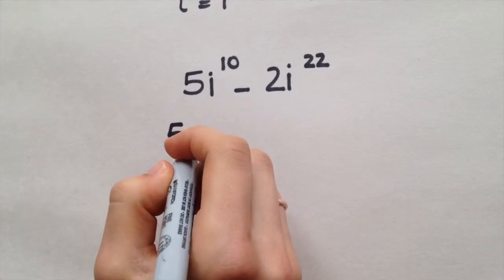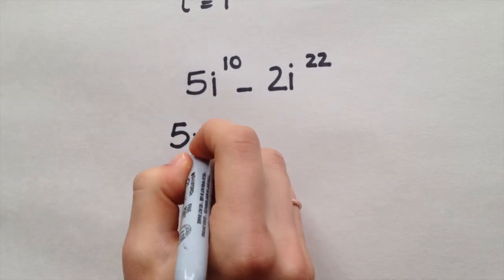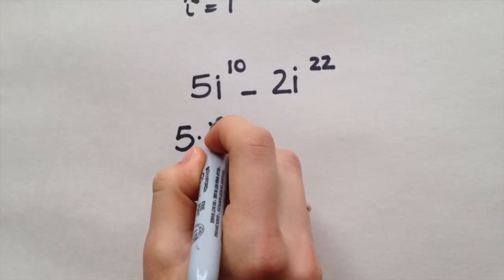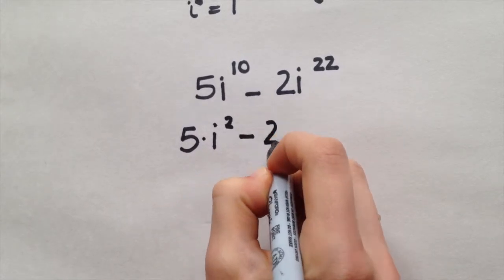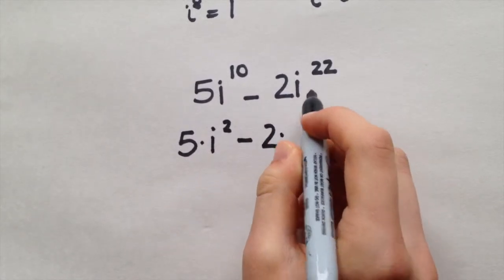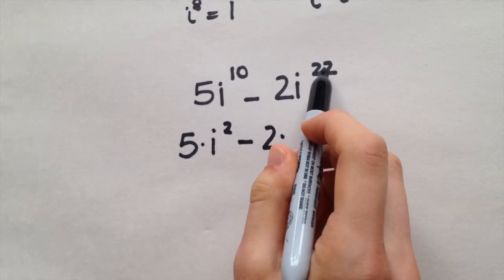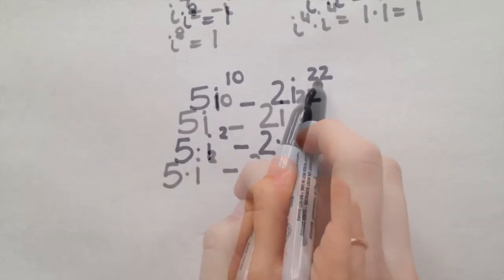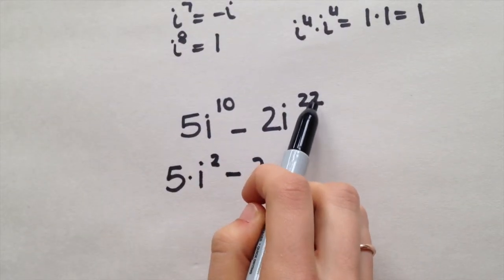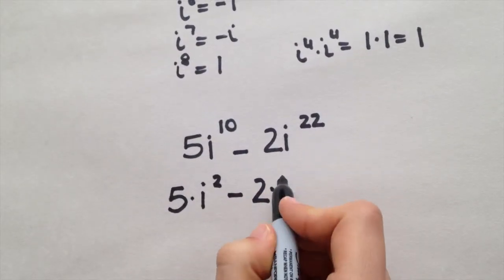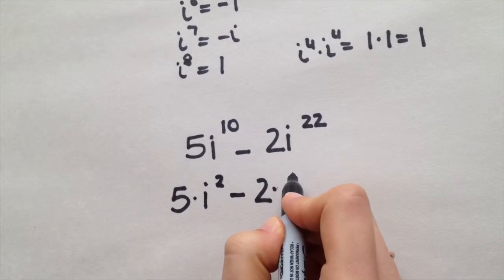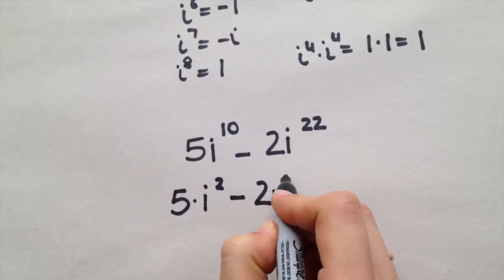And it would be 5 times i to the power of 2, i squared, minus 2 times i to the power of 22. We see how often 4 goes into 22, which is 5 times, leaving us with a remainder of 2.